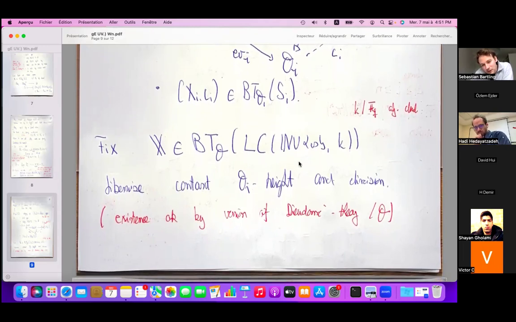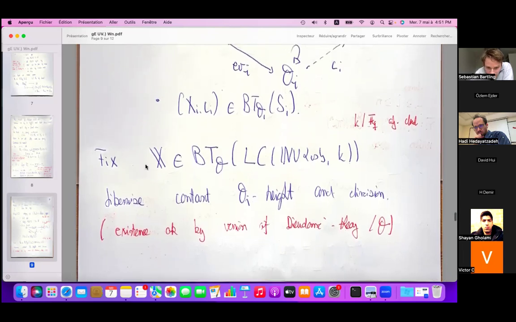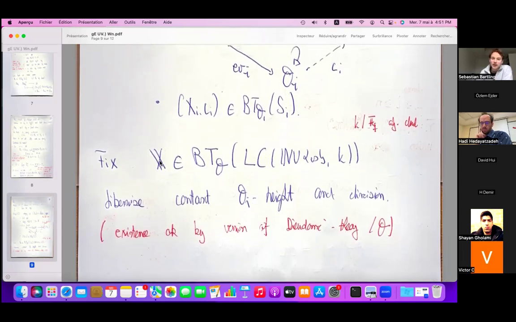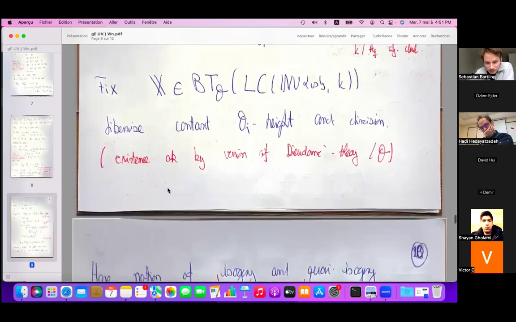In other words, eventually constant sequences in little k. I require that at all fibers, the OI height is the same and the dimension is the same. The absolute height will go to infinity, but I want that the OI height is the same everywhere. So that's the framing object.